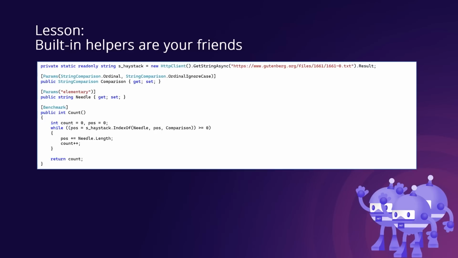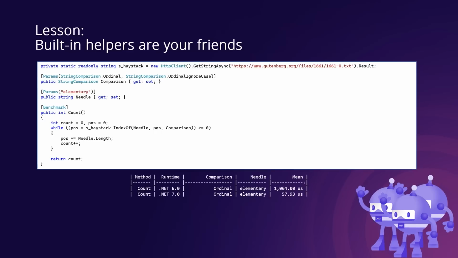So here's a simple example. We did some improvements in the vectorization of index of, for searching strings, spans, etc. In this particular case, I've got the complete stories or works for Sherlock Holmes from Gutenberg, and I'm searching for "elementary, my dear Watson." And you can see in this particular case, when I search for elementary in .NET 6, this was taking about a millisecond, and on .NET 7, it's taking only about 57 microseconds.